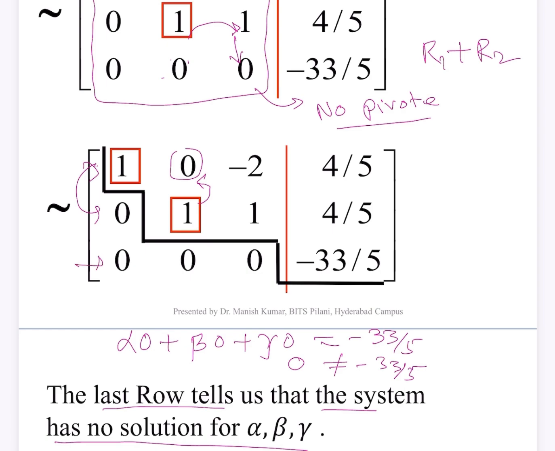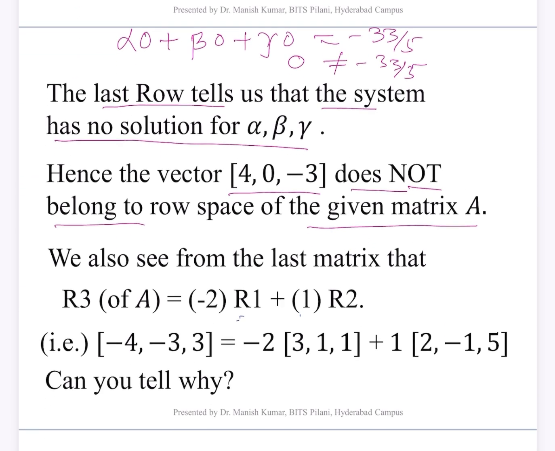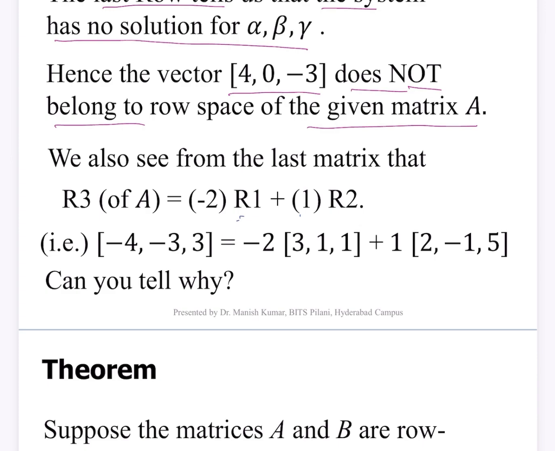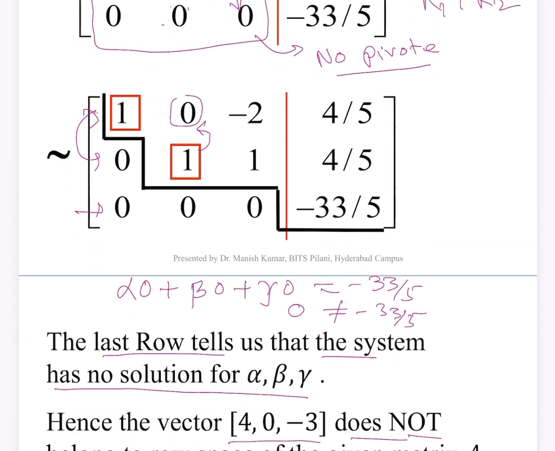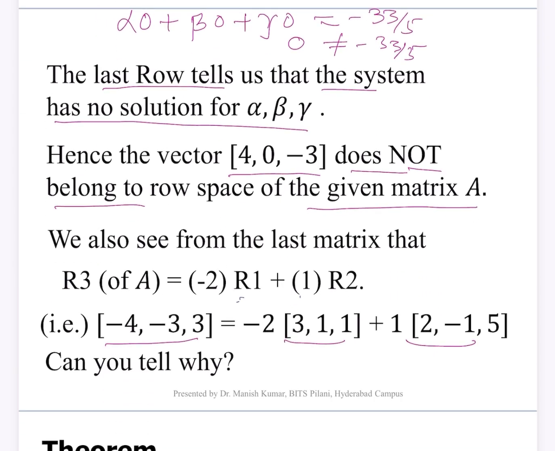Therefore the third vector is dependent. And you see here this vector is a linear combination of these two vectors. That means the third vector is dependent on these two vectors, right? And the last column has no pivot, it means the corresponding column has free entries, right?